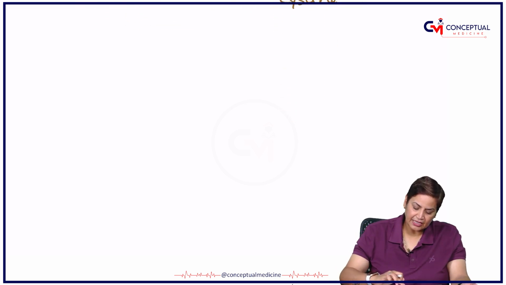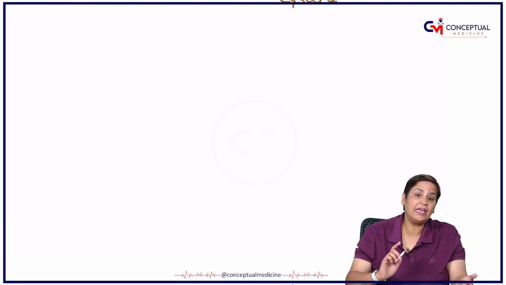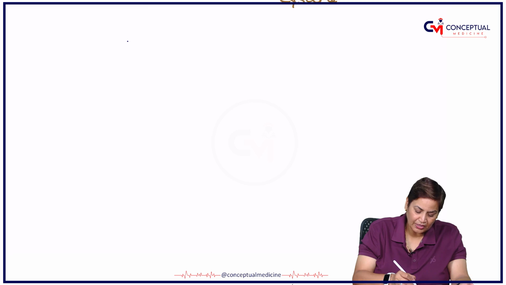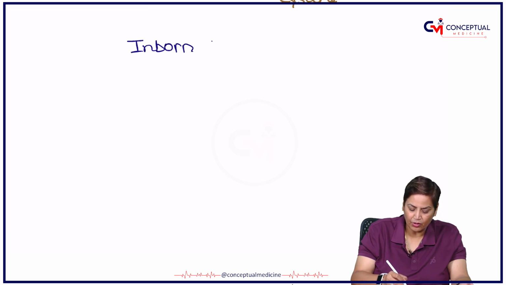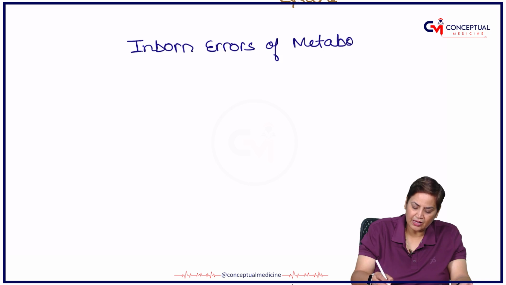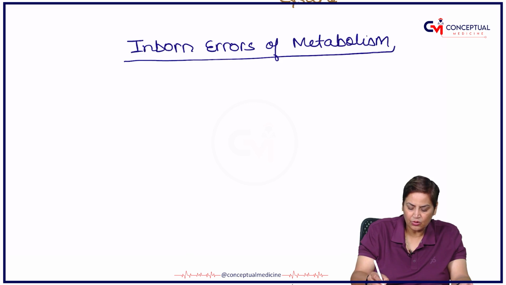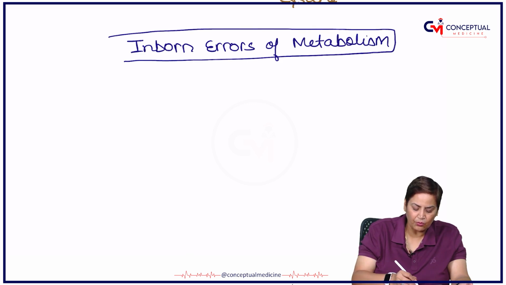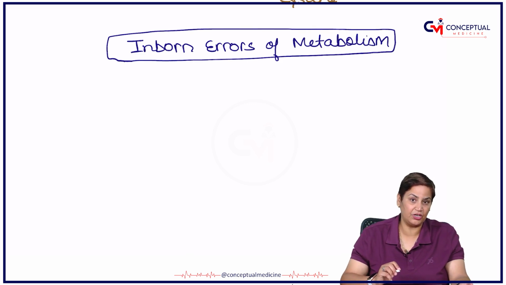Then after this, we come over to the inborn errors of metabolism associated with that. So what are the inborn errors of metabolism? Right, now we are going to take all the steps one by one, because here you have seen that there are 3 vitamins which are playing a major role.